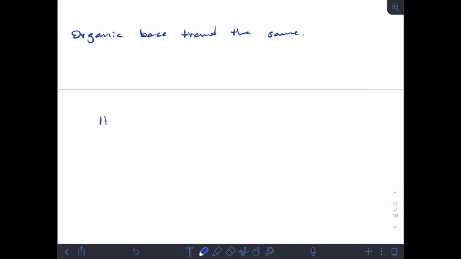So let's take a look at a couple of examples of some common bases. All right, we have ammonia versus the same molecule but replaced with a bromine. Okay, so thinking about what we know about electronegativity. We have these electrons that are sitting right here with that nitrogen, right?